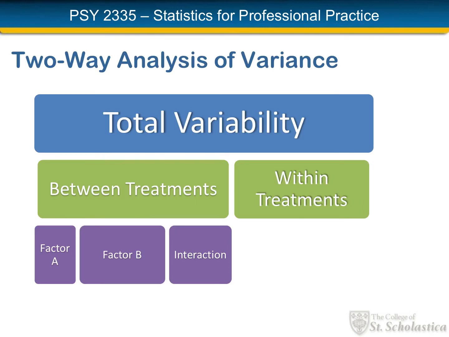Going back to our more conceptual drawing, we're seeing that we'll take our original sums of squares total and divide it into two parts, which is what we were doing earlier with our one-way analysis of variance, and then we break down in the second stage the sum of squares that was between groups into parts related to the two factors and the interaction.